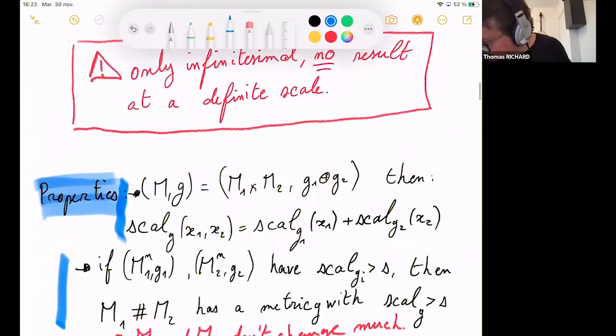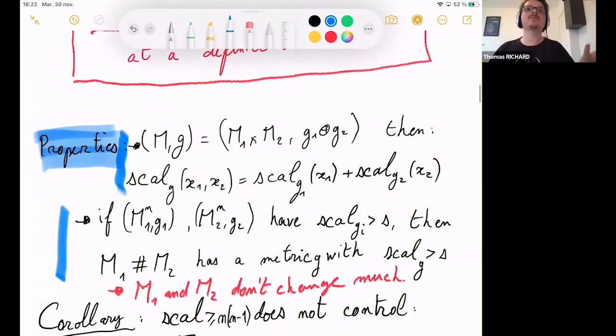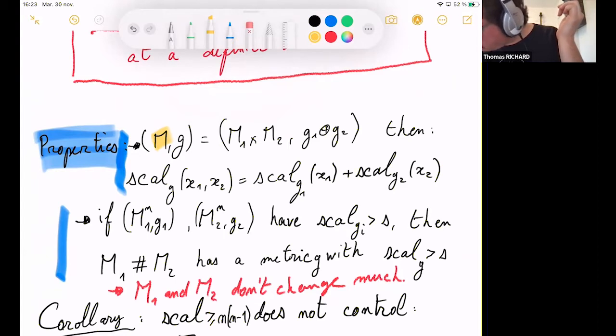And so now what computational properties does the scalar curvature have? Here I assume that my manifold M is a product of two manifolds M1 and M2 of smaller dimension, each coming with a metric.